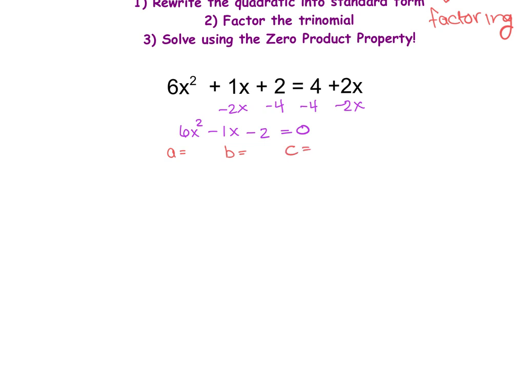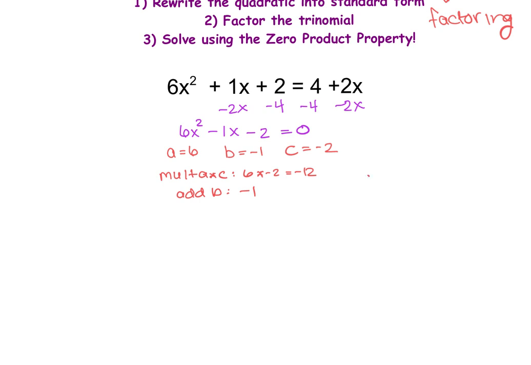So we have a is equal to 6, b is equal to negative 1, and c is equal to negative 2. And so we're going to start by finding two numbers that multiply to a times c, which in this case is 6 times negative 2, which is negative 12. And then those same two numbers have to add to b, which is negative 1.